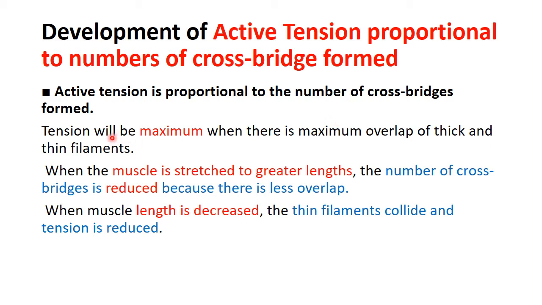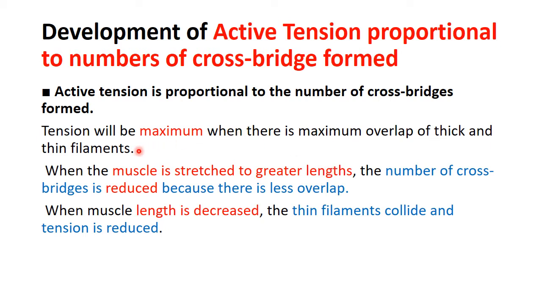At the optimal length, maximum cross bridges are formed when the muscle is stretched. When the muscle is stretched to a greater length, or the muscle is not stretched and its length is decreased, then there is no maximal overlapping of the actin and myosin filaments.